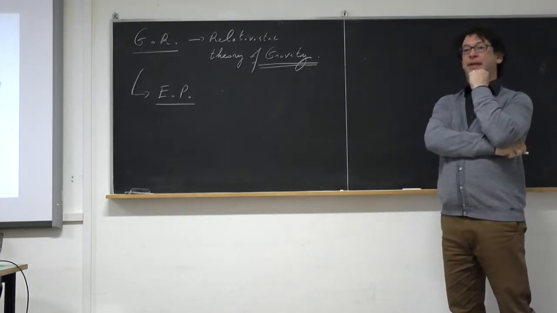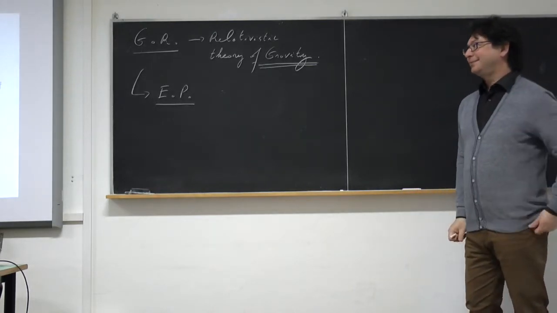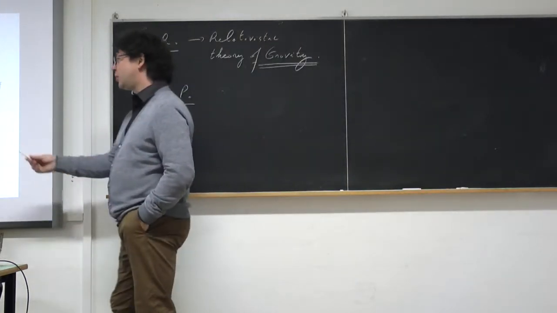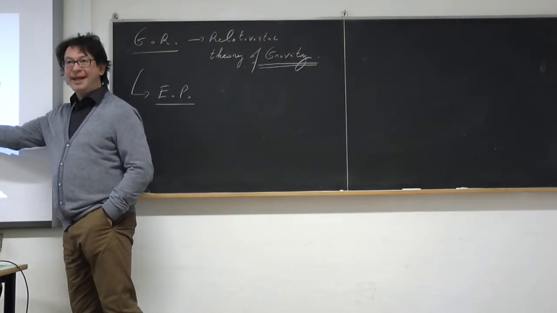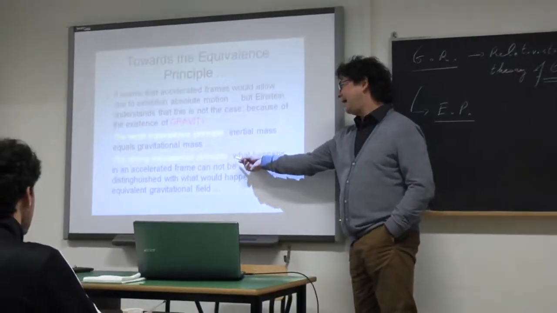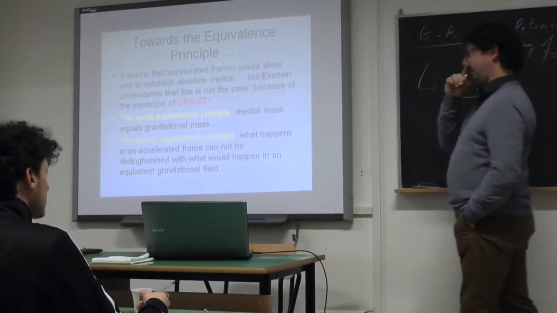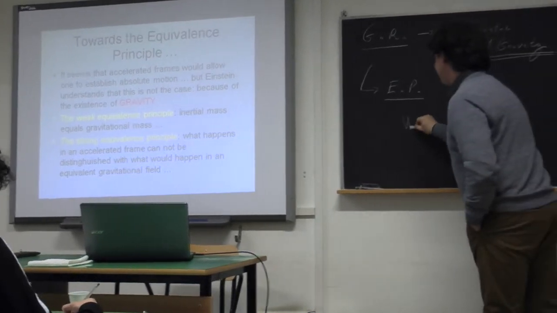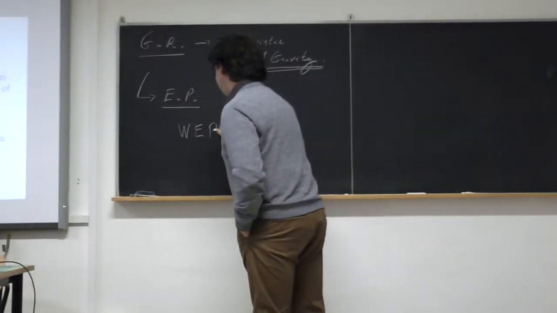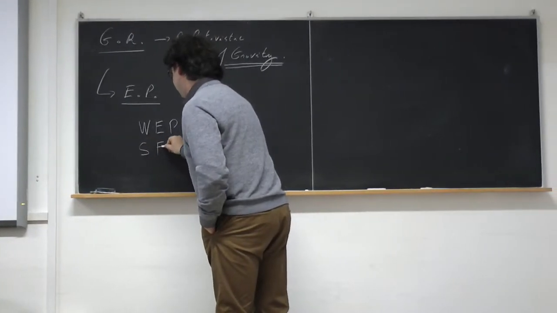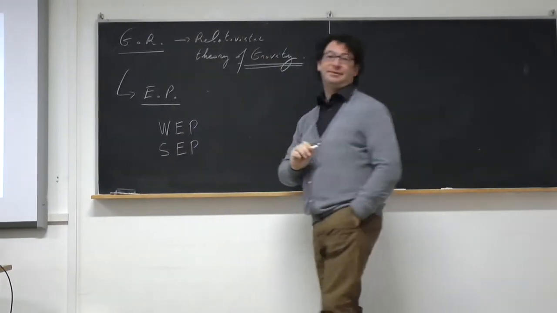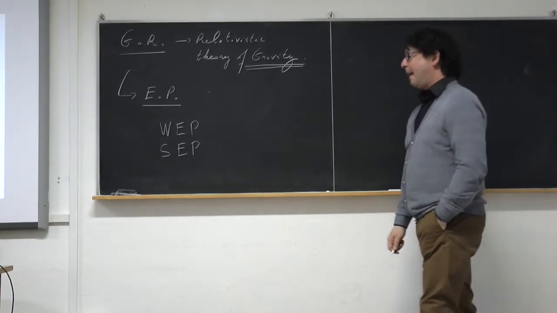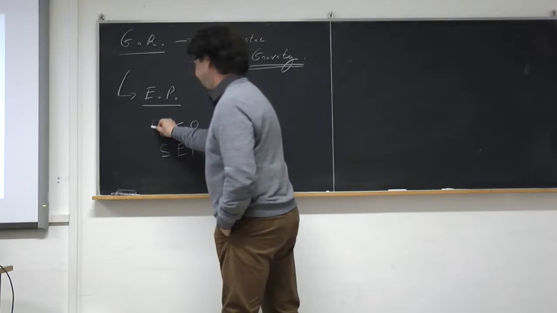The equivalence principle usually has two versions: the so-called weak equivalence principle, WEP, and a strong equivalence principle. Usually it's presented like that, usually in books.